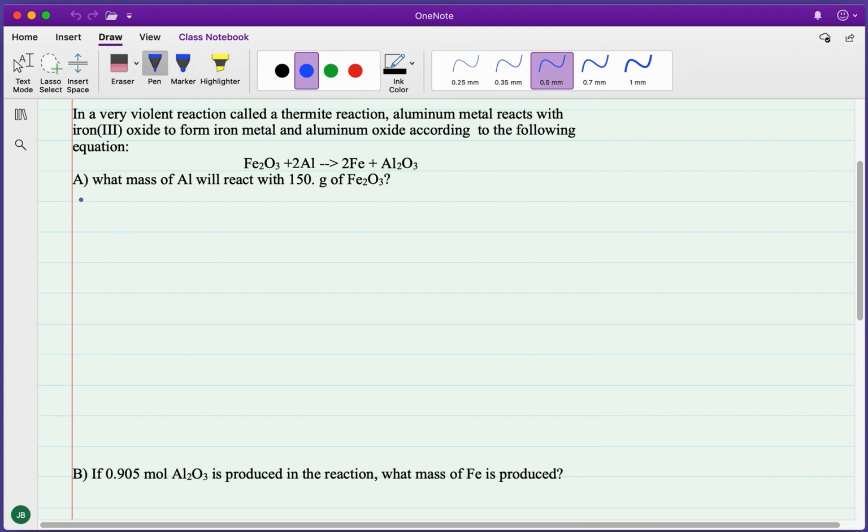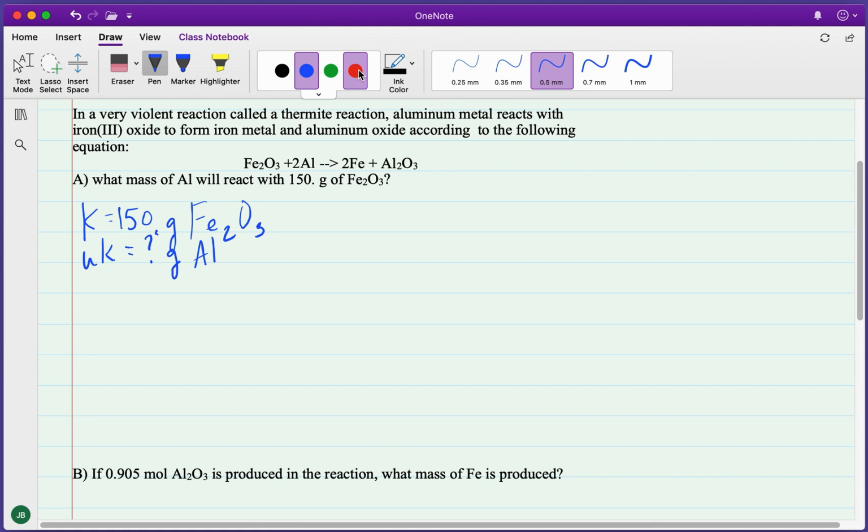So our known is 150 grams of the Fe2O3, the iron 3 oxide. And what we are solving for is mass of aluminum.